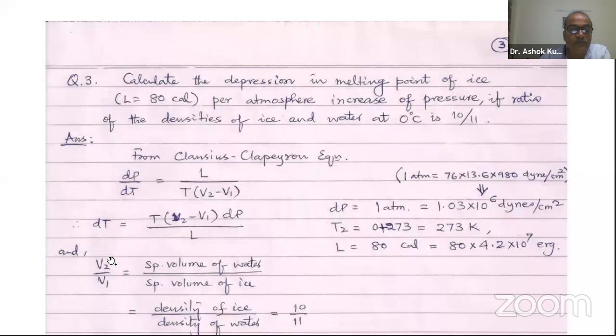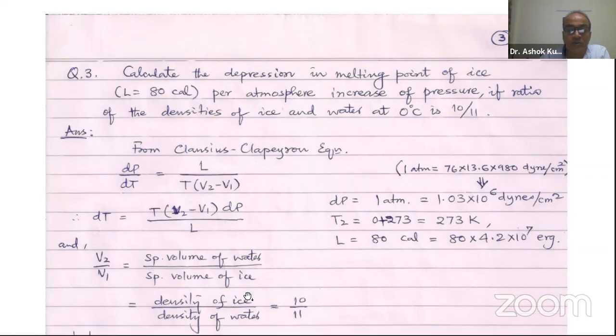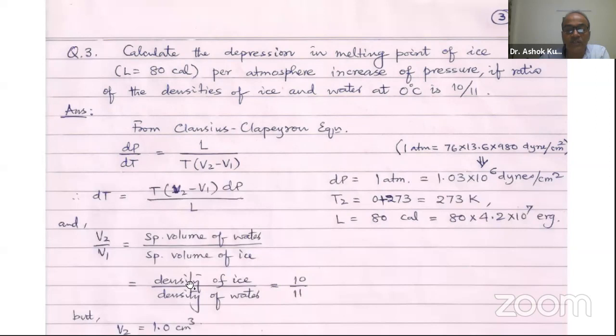At the same time, we have to find out V2 by V1. So V2 by V1 is the specific volume of water. That means, 1 gram of water, what is the volume? 1 gram of ice, what is the volume? It is proportional to the density of ice, because the volume of ice is more, that is why its density is less.